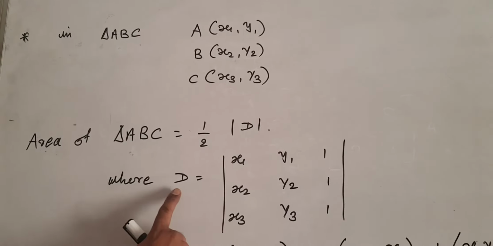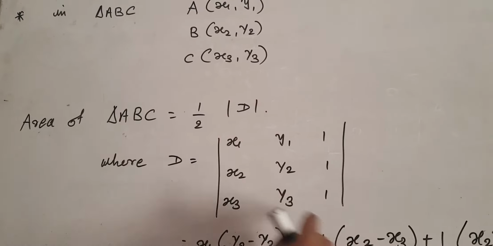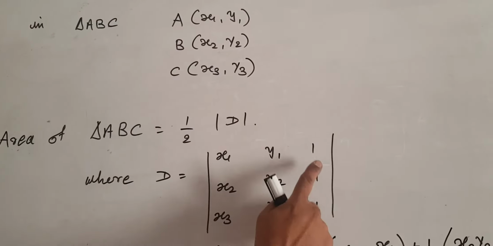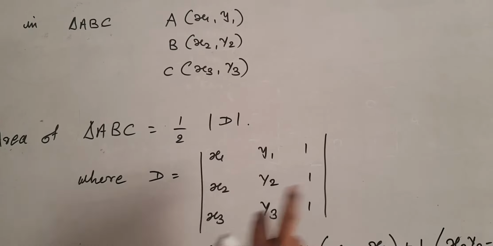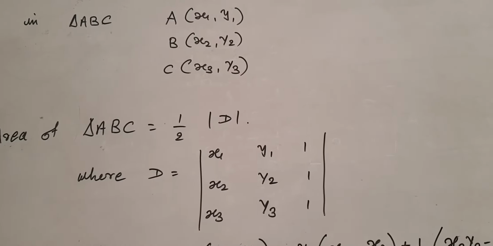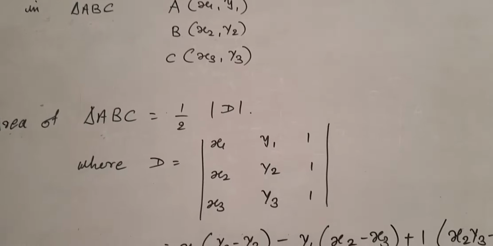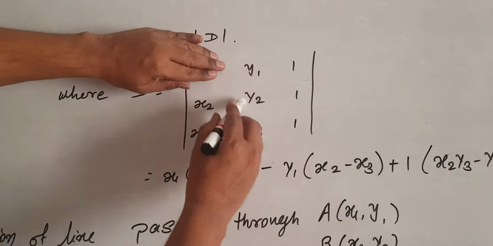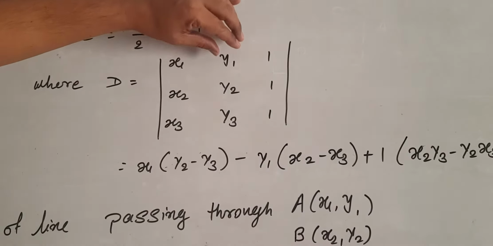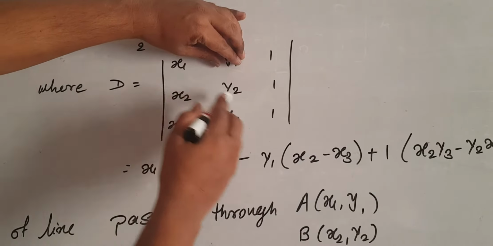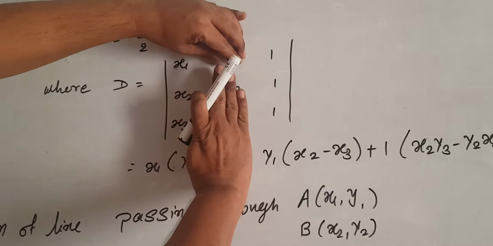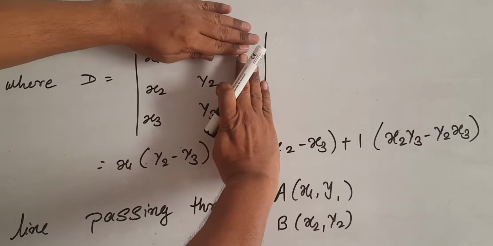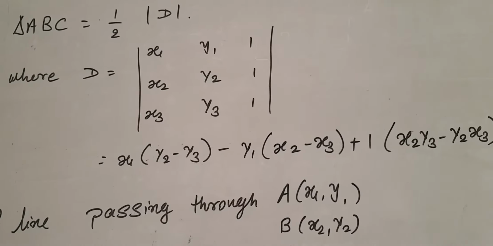So determinant D is the determinant of x1 y1 1, x2 y2 1, x3 y3 1, which we can solve using the third order determinant expansion: x1 into (y2 minus y3), minus y1 into (x2 minus x3), plus 1 into (x2 y3 minus y2 x3).